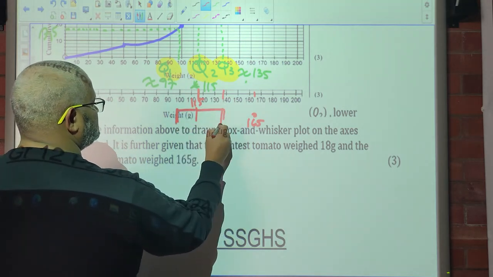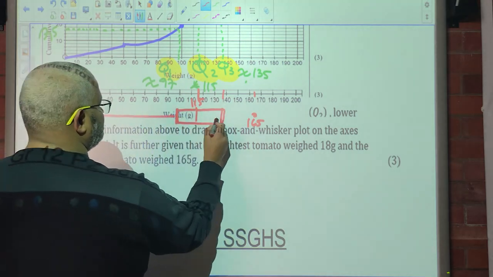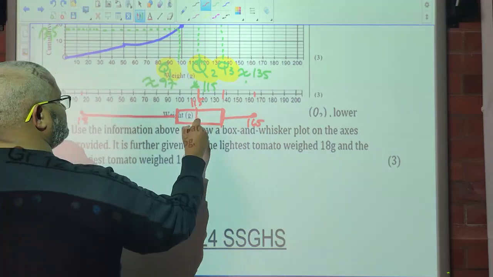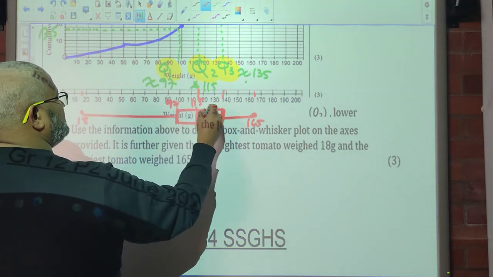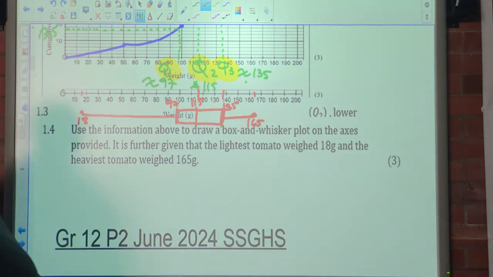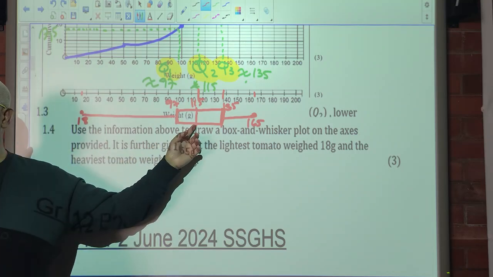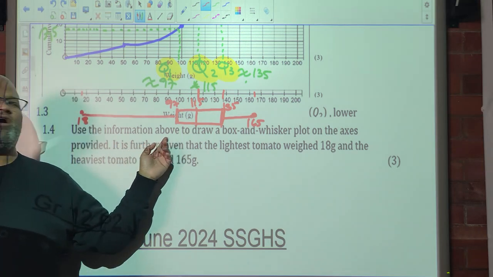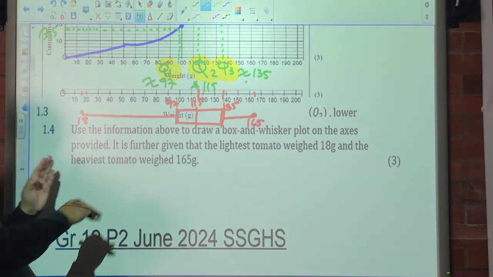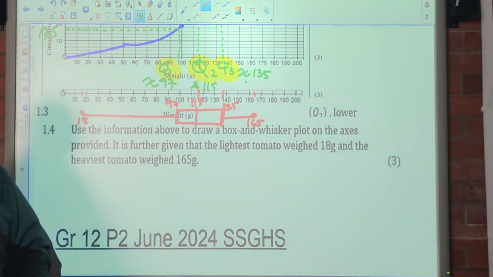So there's your box and there's your whiskers. And then remember that's 97 and 135. This dot is skewed to the left. Okay, can you see it? That means you say half of the data has a wider range than the upper part of the data.